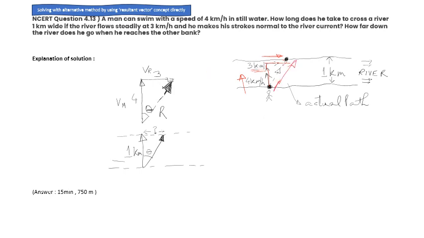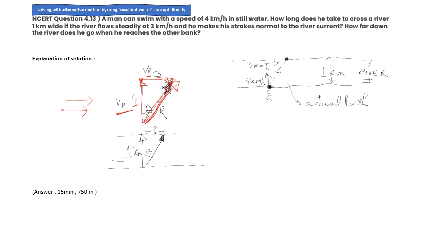Now, putting that in a clearer diagram on the left hand side. This is the diagram I'm talking about. The velocity of the man is 4 kilometers per hour, the velocity of the river is 3 kilometers per hour. You add these two vectors by the vector addition method, putting the head of this attached to the tail of the next one, and then naturally by geometry itself you get the resultant. This is the resultant vector.